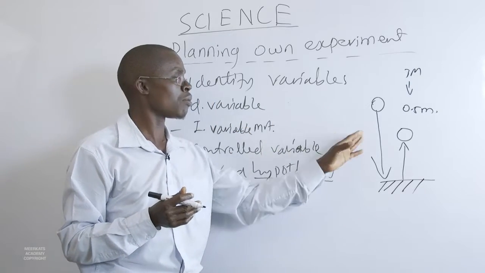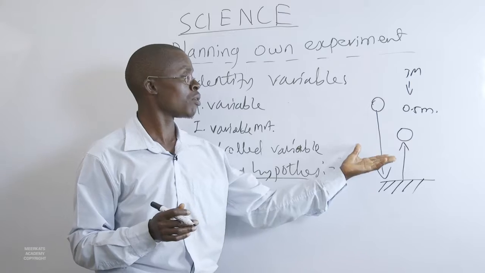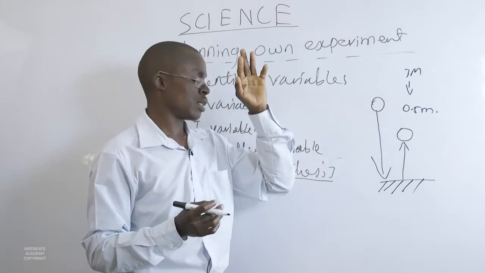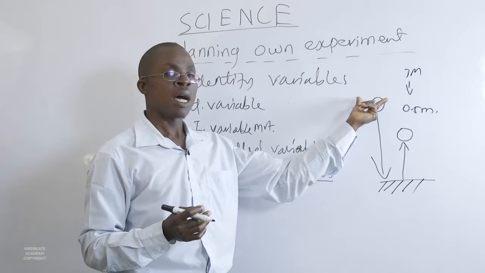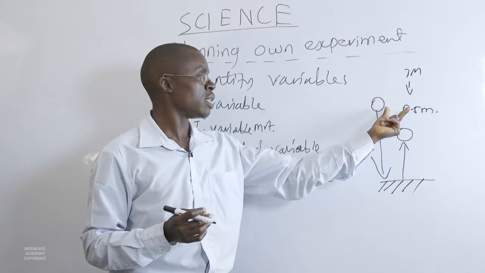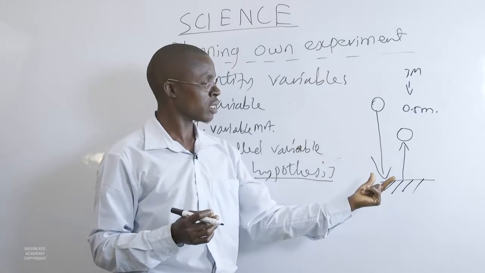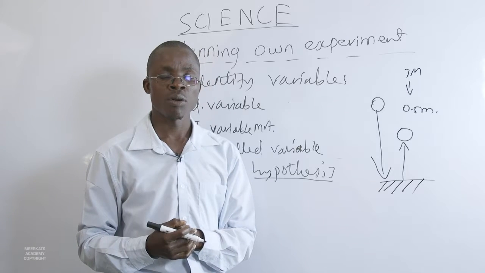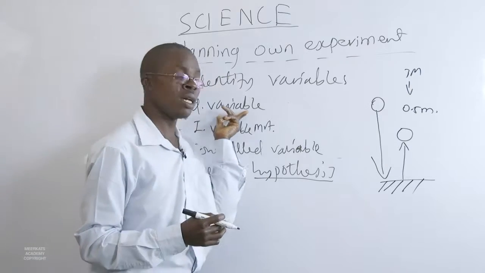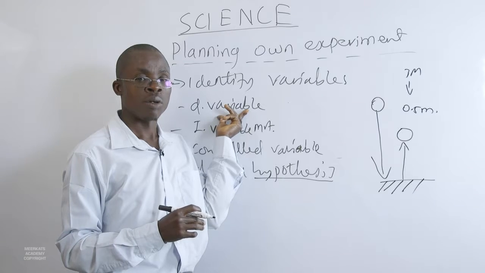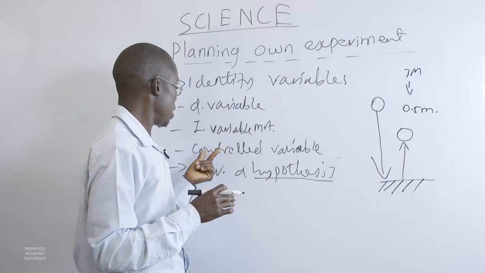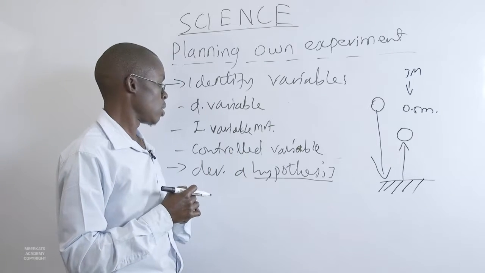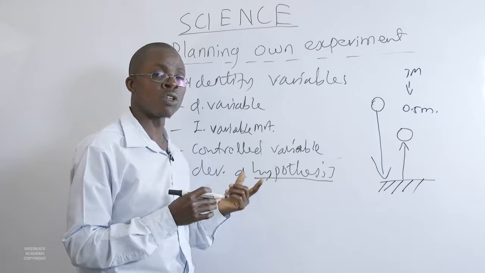So my variable in this experiment of mine is: does the dropping height of the tennis ball affect the bouncing height of the same ball? That is my variable. But there are other variables that will be made constant, what we call controlled variables.